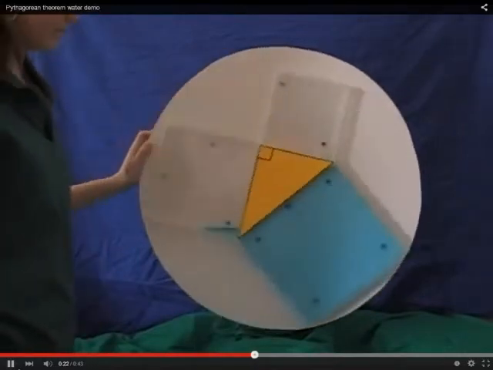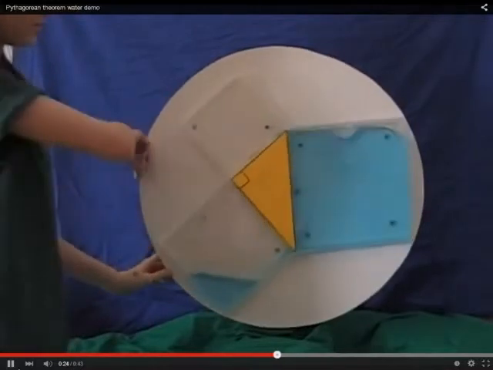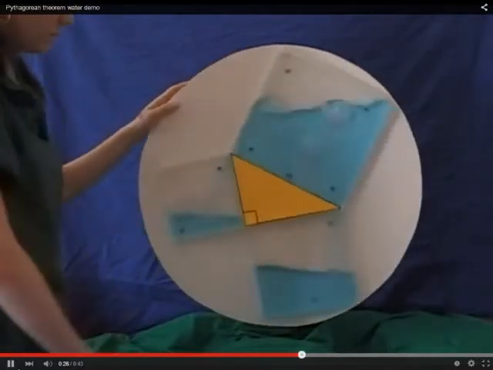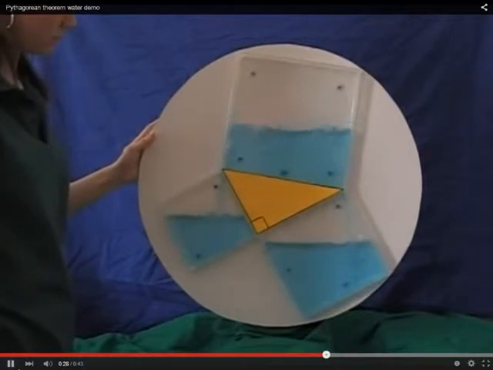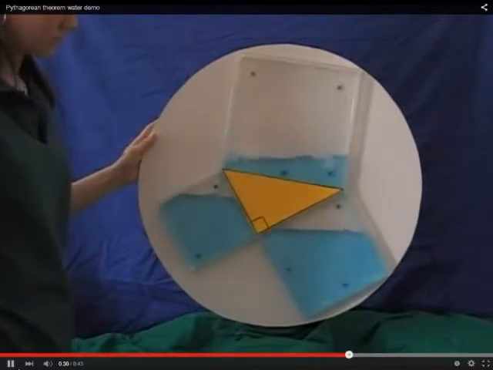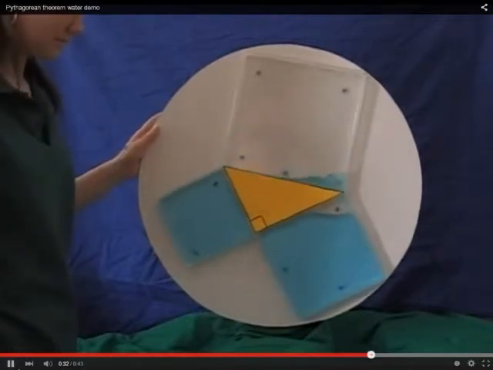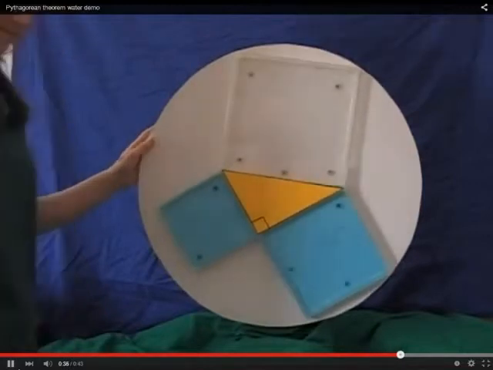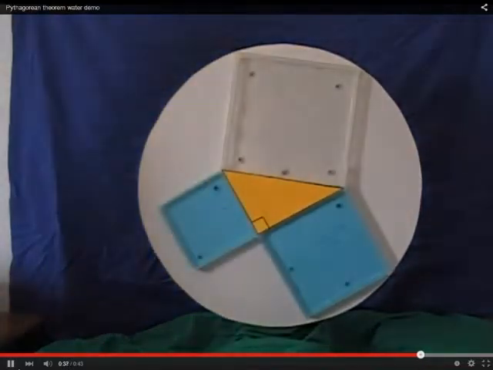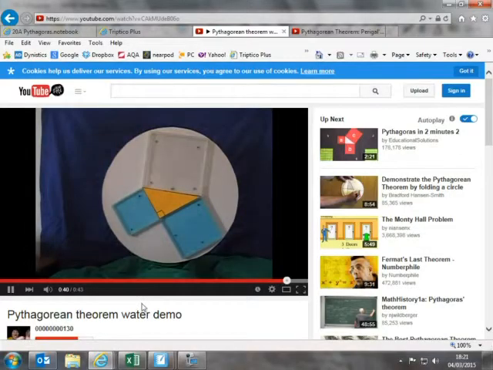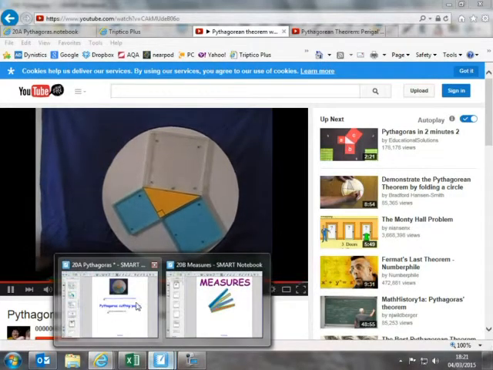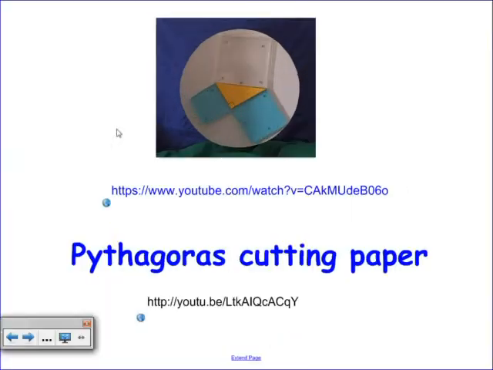If you've got the hypotenuse and you split it up, it equals the other two sides. It has to. That's what Pythagoras came up with. Yeah? So that's kind of a visual representation of what we're doing. So when we talk about a squared and b squared and c squared, we're actually talking about squares. Make sense? Okay. Let's get back on with Pythagoras.